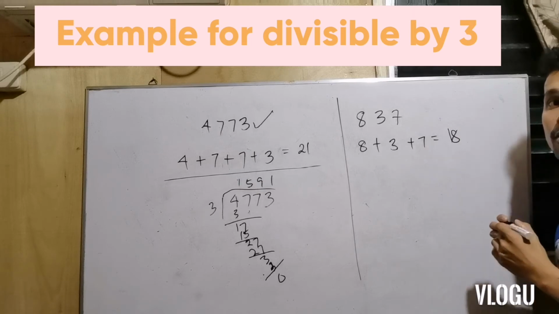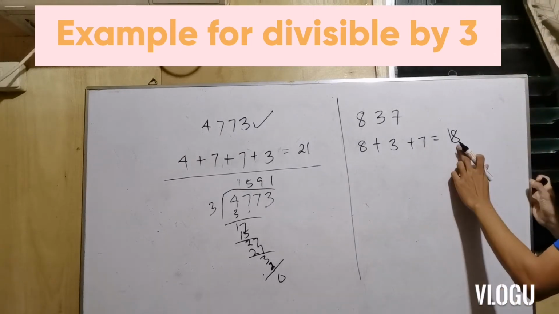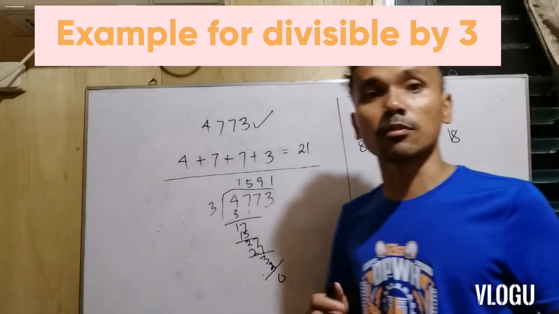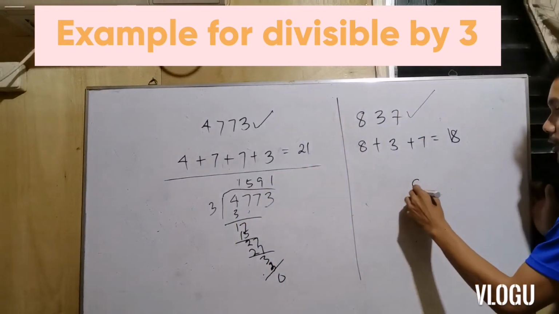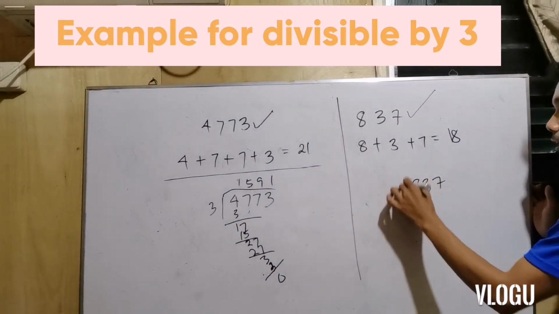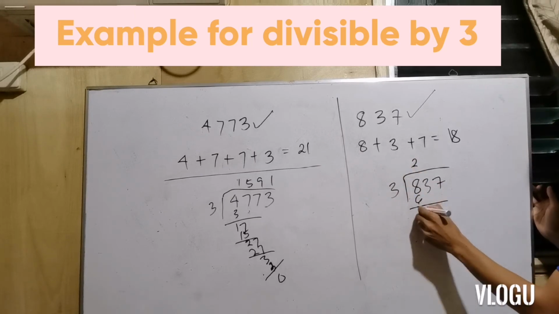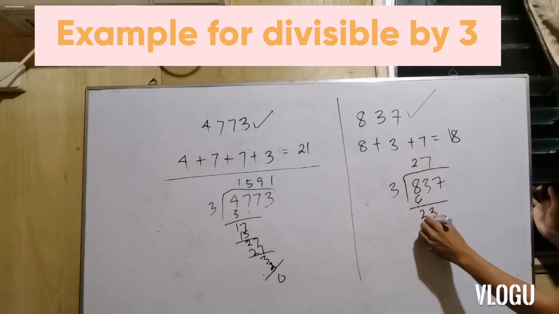So, is 18 divisible by 3? 18 divided by 3 is 6. So, therefore, pwede. Therefore, 837 is divisible by 3. If you need to check it, pwede. 837 divided by 3. So, I have 2, I have 6. I have 23. I have 7, 21.